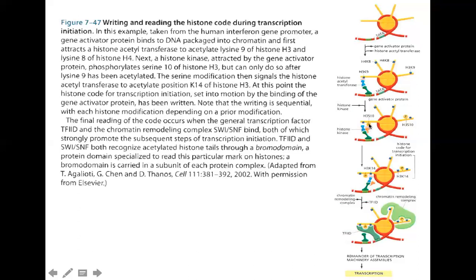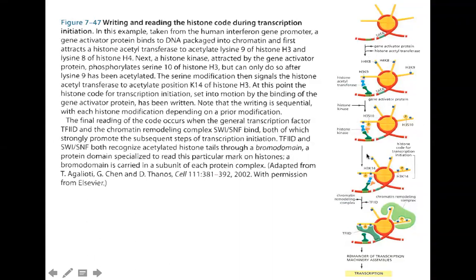What is important to keep in mind is that this histone kinase cannot phosphorylate serine unless the lysine at the 9th position is acylated. The lysine on the 9th residue must be acylated before you can phosphorylate S10. So S10 is phosphorylated on both sides now.